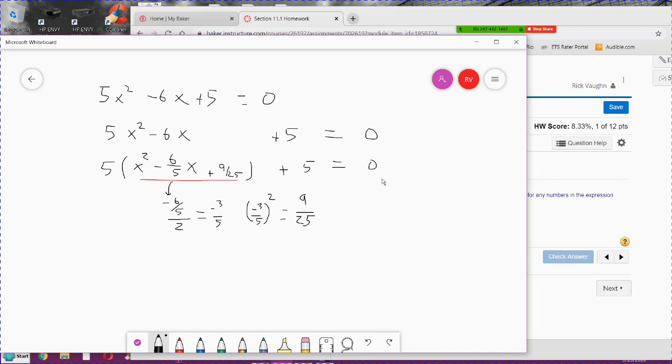Now remember, last time we added the same number over here. But this time I'm going to add not quite the same number, because this 9 over 25 gets multiplied by the 5. So 5 times 9 over 25 is what I'm going to add over here to compensate. 5 times 9 over 25, which is actually just 9 over 5.